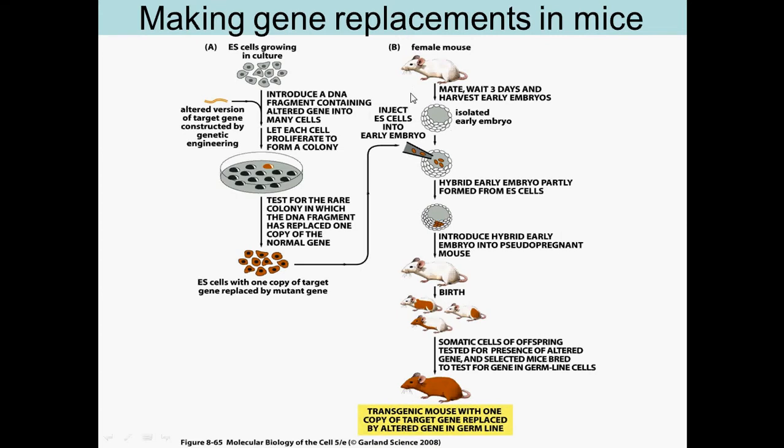So you have a female mouse mate, then wait for 3 days, and then isolate the early embryo, and then inject these cells that have your gene of interest, and you let the embryo grow in a mouse, and it'll give birth to a chimeric mouse.